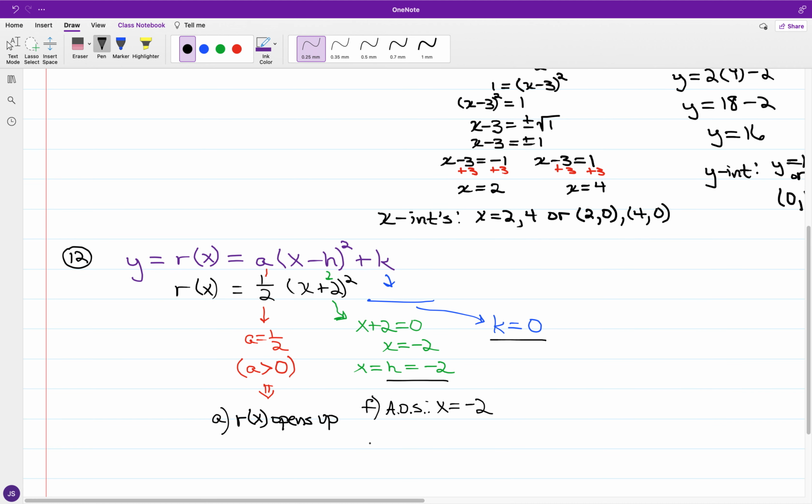So for the resulting vertex, this is going to be an x-intercept. So this will come out to (-2, 0). That is on the x-axis.